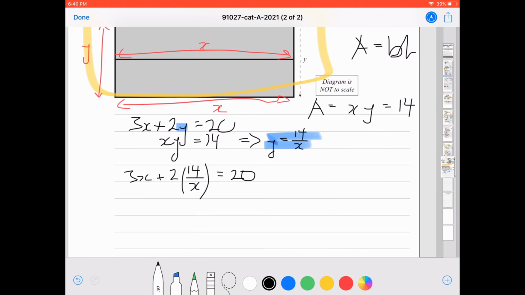Okay, we can expand our brackets. We've got 3x plus 2 times 14 is 28 over x, and that equals 20. And what to do now? Well, at this point, we can cross multiply. We draw an imaginary 1 in the denominator of 3x just to help us, and we're going to cross multiply.